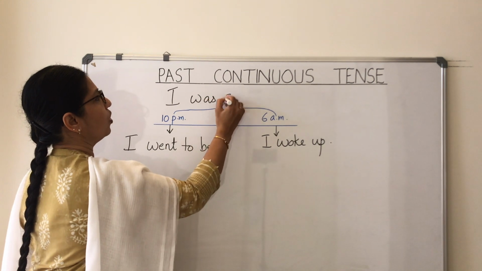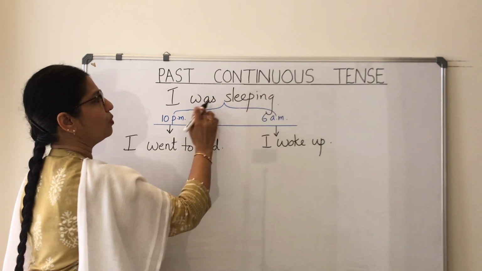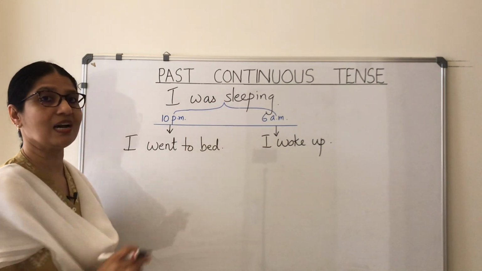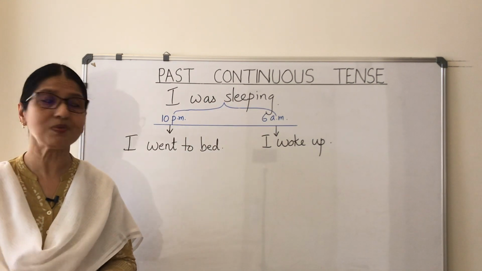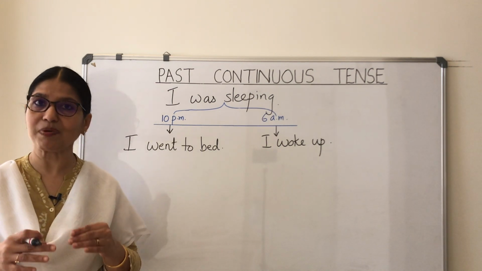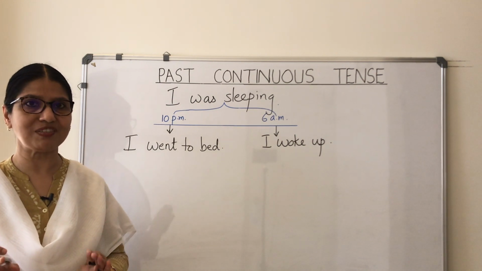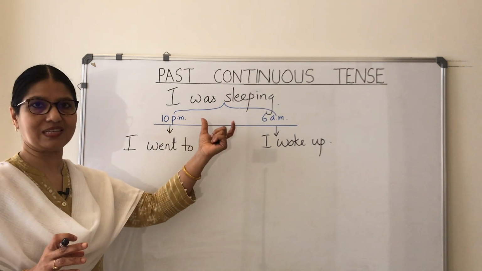I was sleeping. So why am I using this continuous form here? Because I am using this verb to talk about a continuing action that happened in the past at a specific point. So now you know the difference between the past simple and the past continuous tense.